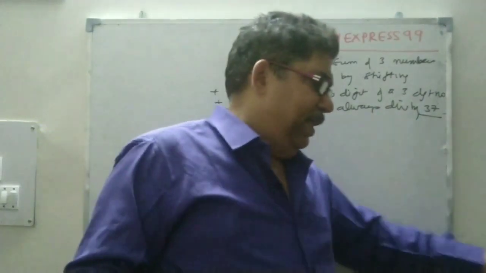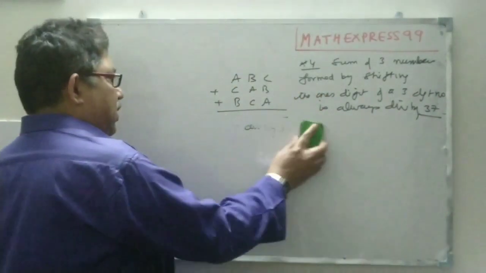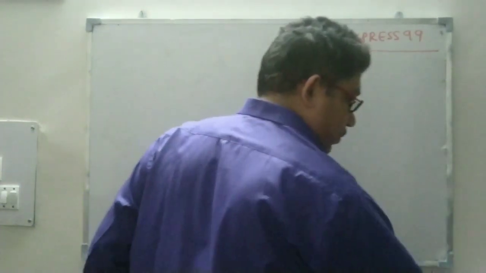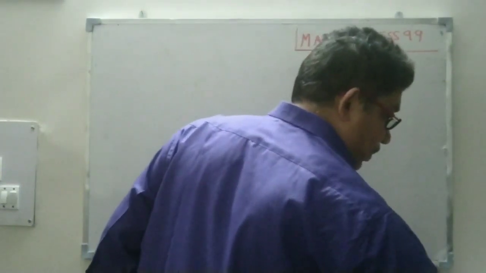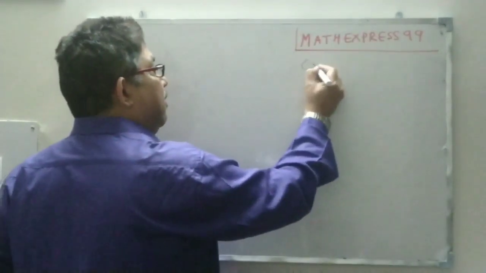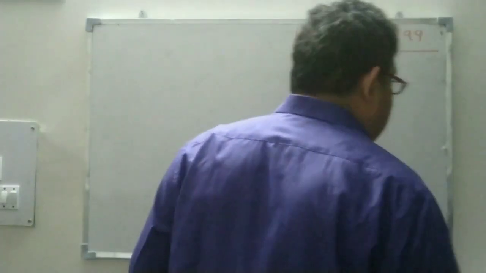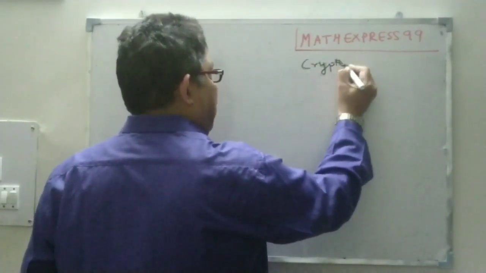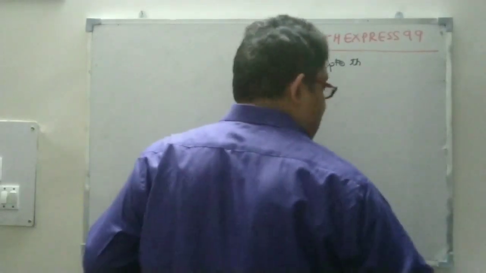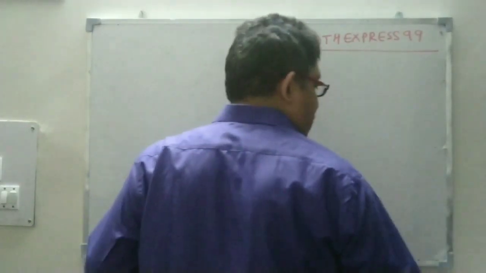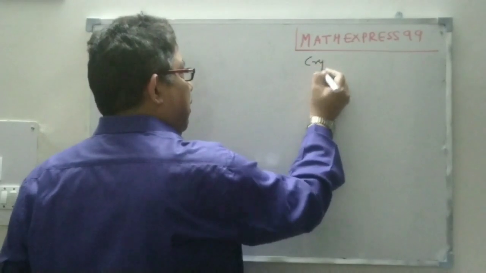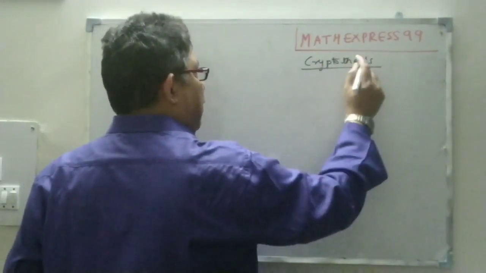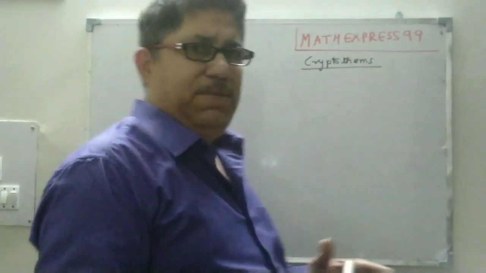The second thing is what is called the missing digit. There's a word used, it's called cryptarithms, or cryptarithm, one and the same thing.